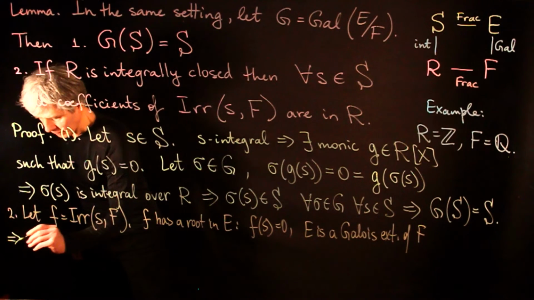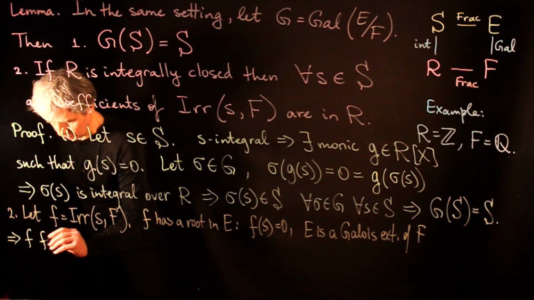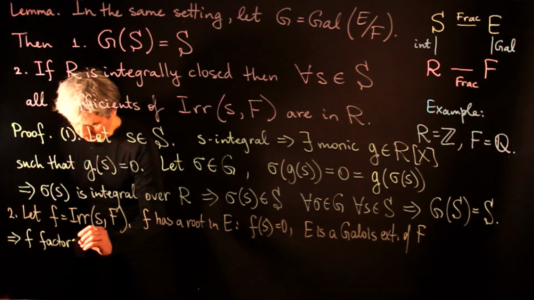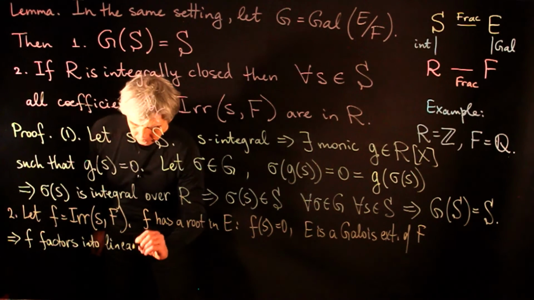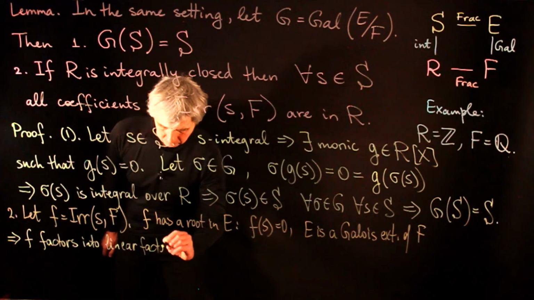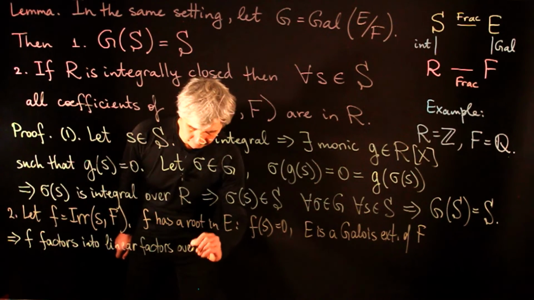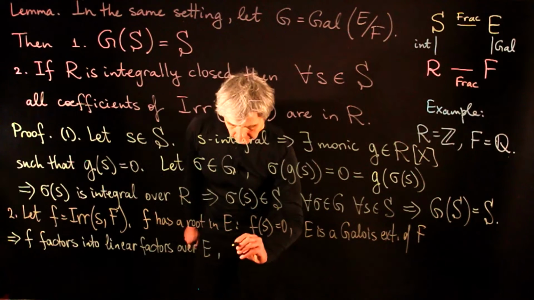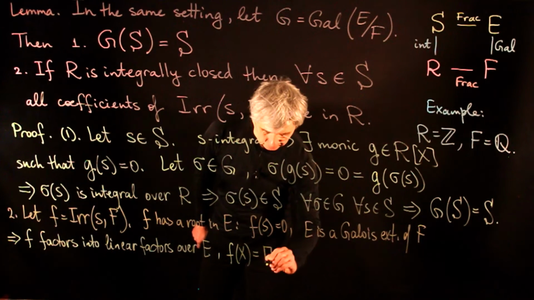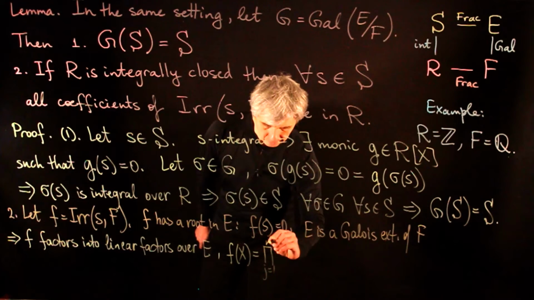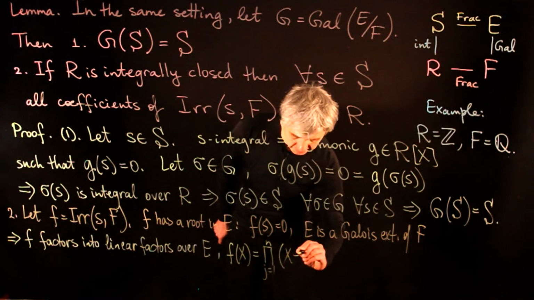So f factors into linear factors over E: f(x) is equal to the product over j from 1 to n of (x minus s_j).